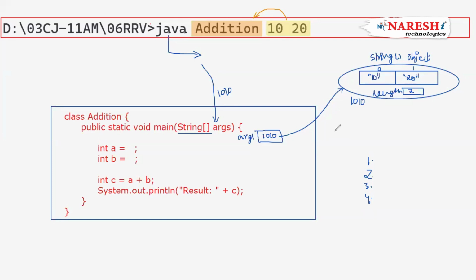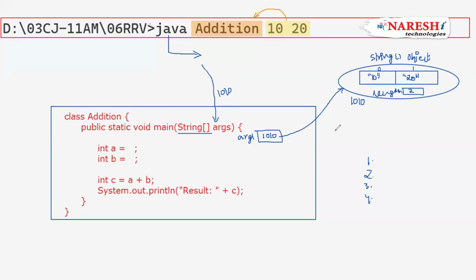What is the command line arguments application? The application that reads runtime values from the command line. Next, how to specify command line arguments? We must specify them after the class name on the console, each value with a space separator.